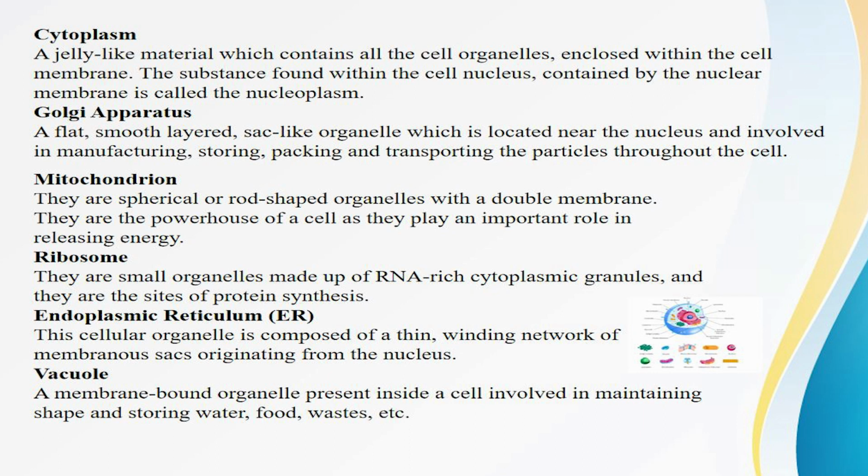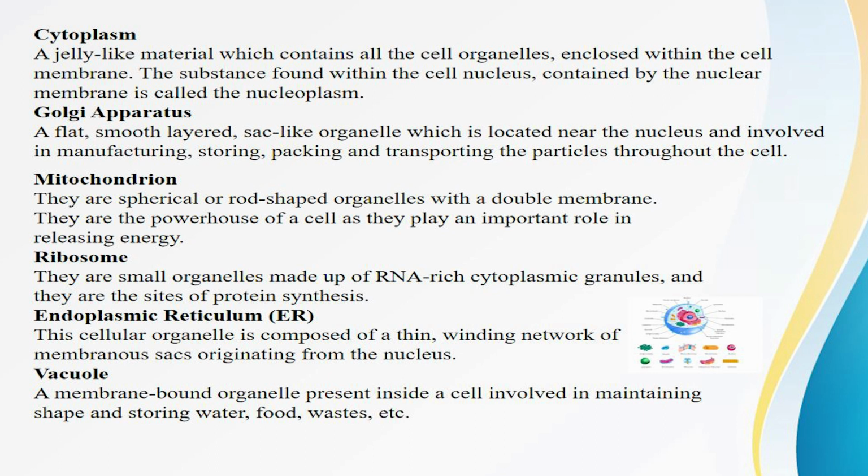What is the endoplasmic reticulum? This is a cellular organelle composed of a thin widening network of membranous sacs originating from the nucleolus. The endoplasmic reticulum is of two types: rough endoplasmic reticulum and smooth endoplasmic reticulum. The rough endoplasmic reticulum has ribosomes attached to its surface, and because of that it is called rough.